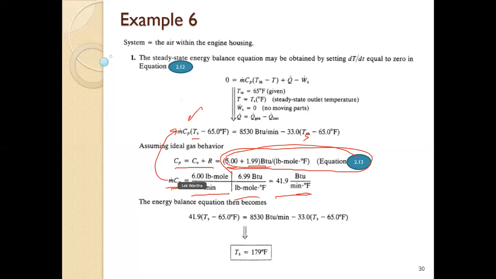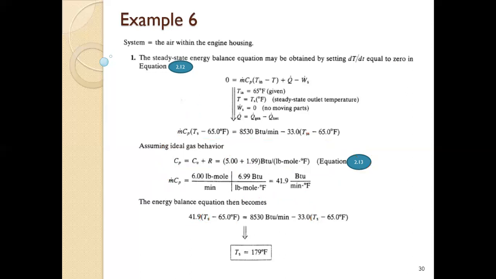Substitute this and then solve for T steady state. You get T steady state equal to 179 Fahrenheit. Okay, this is for the first system.